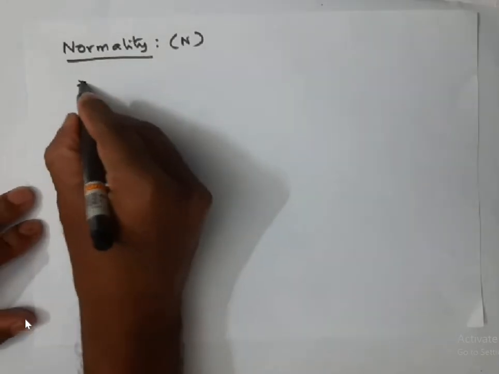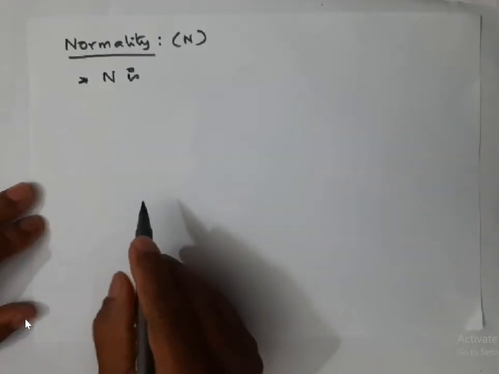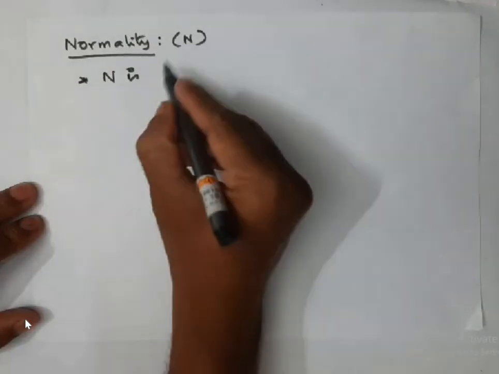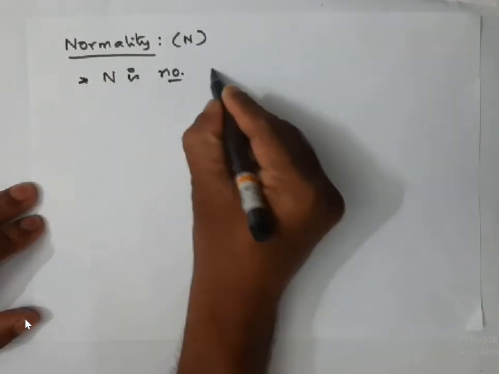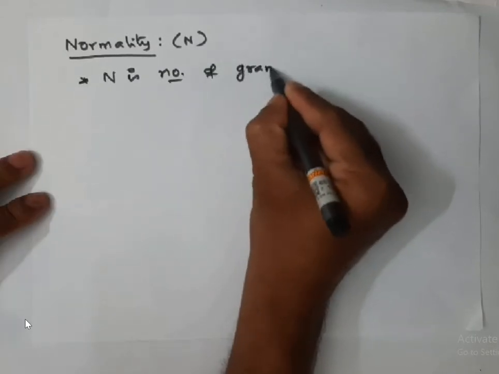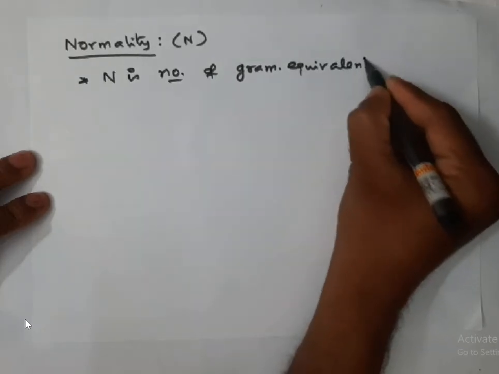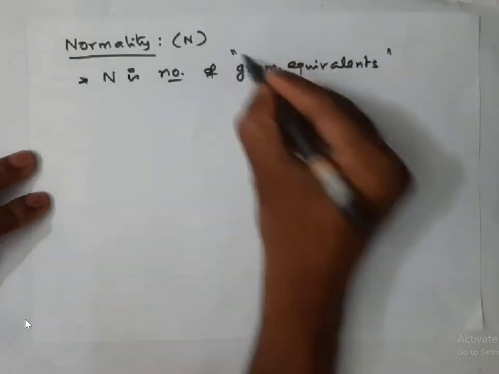What is normality? Normality of a solution is defined as number of gram equivalents. Students, observe this carefully.